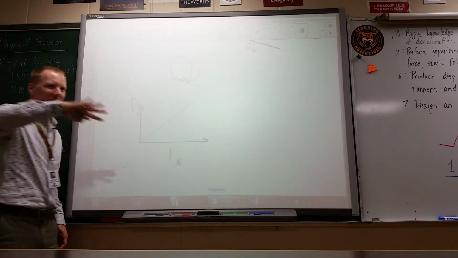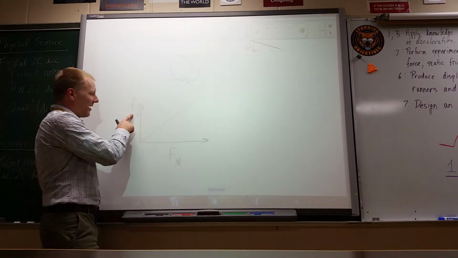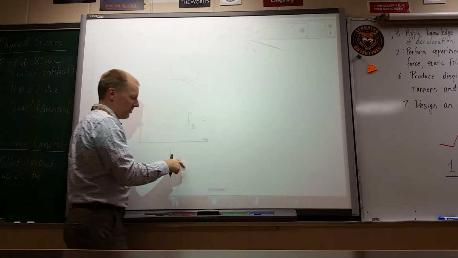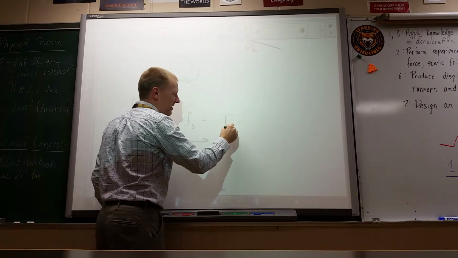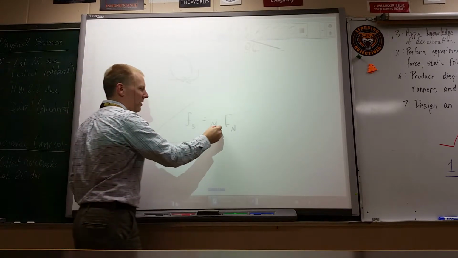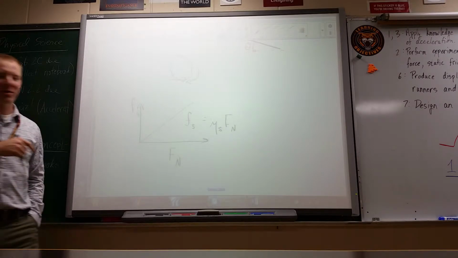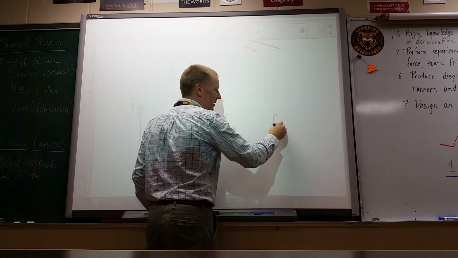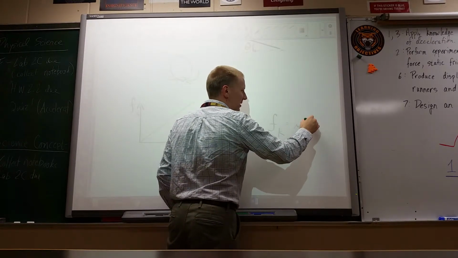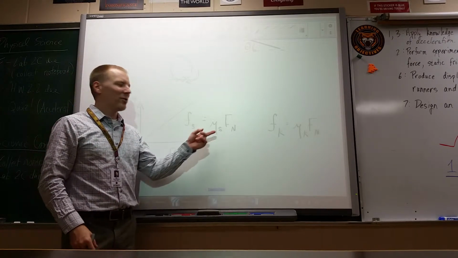I saw one or two that were a little curved, but most of them were lines, which means that the y variable is proportional to the x variable by some constant. And we abbreviate that with another little mu. That's the same form as kinetic friction, which was mu k, the kinetic coefficient of friction, times the normal force.